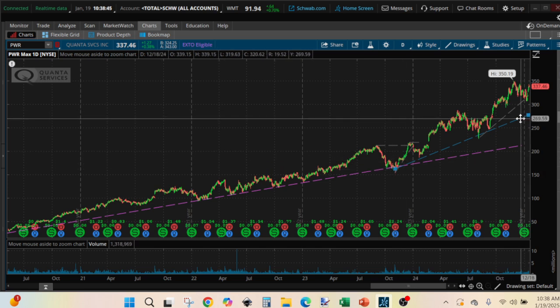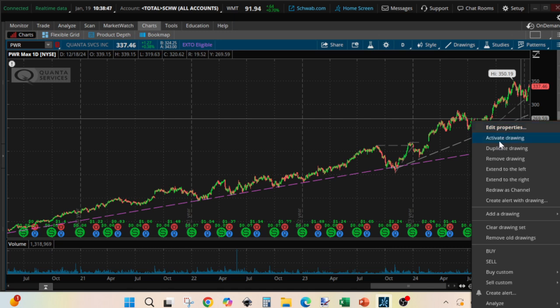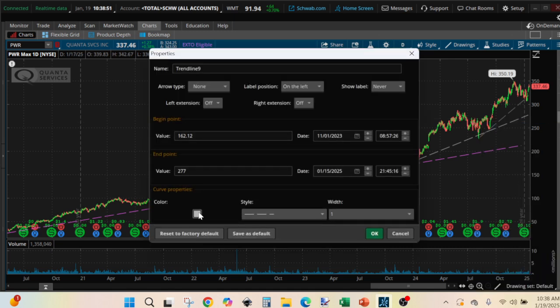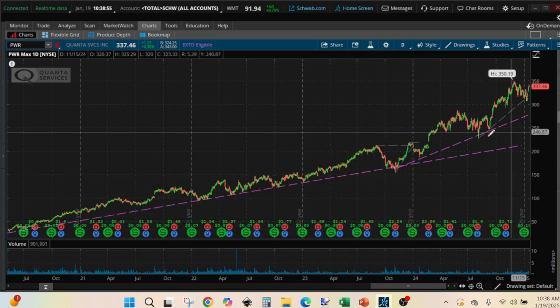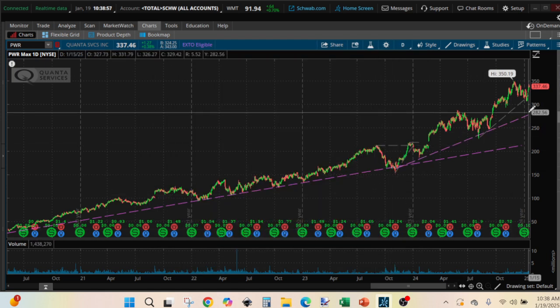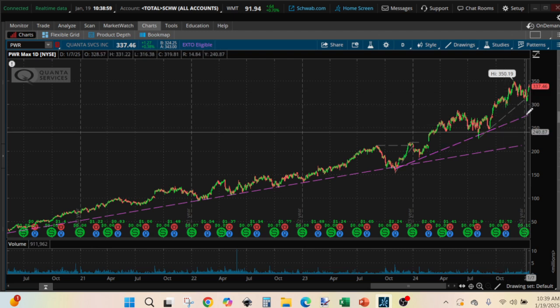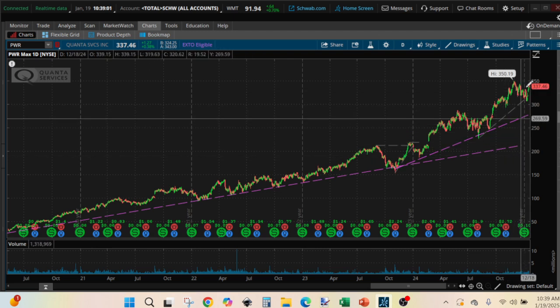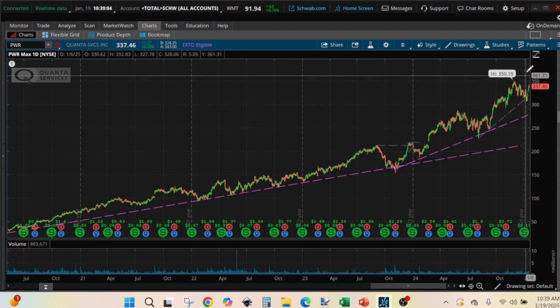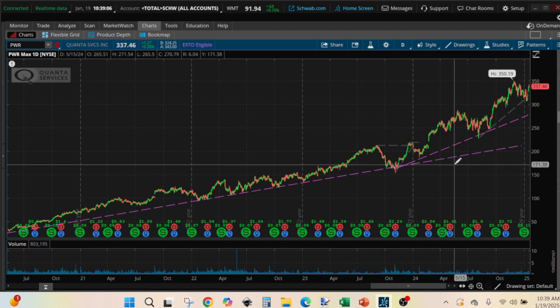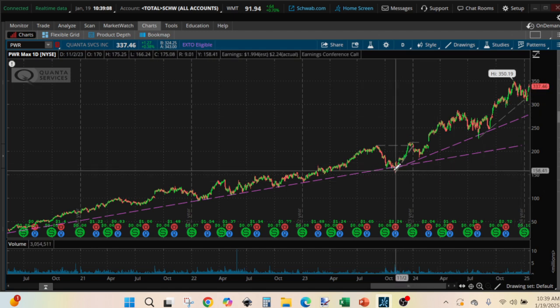I think I'm going to highlight this in purple as well. It is a more than a year old uptrend line, and we are just going to see which one of the two it is going to fall back to. Right now it's going up, so yeah, I think it will branch down or branch up.